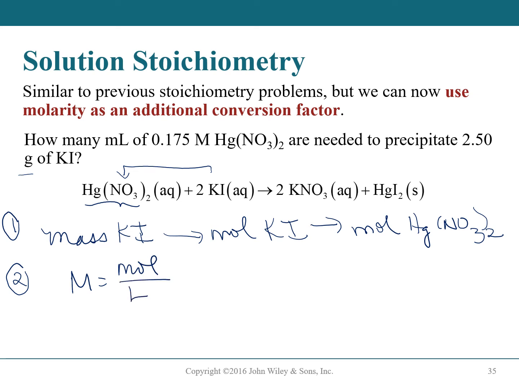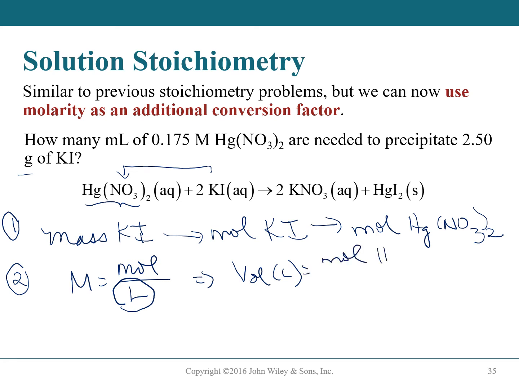we want our volume, okay? So we're going to rearrange this equation. We want the volume, which from the equation here is going to be in liters, and that's going to be equal to moles divided by molarity.